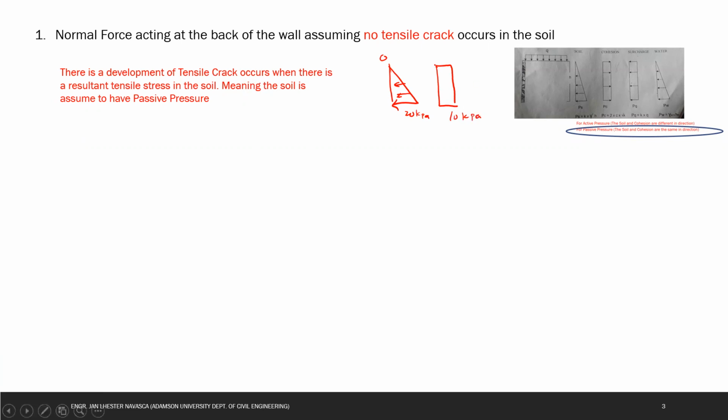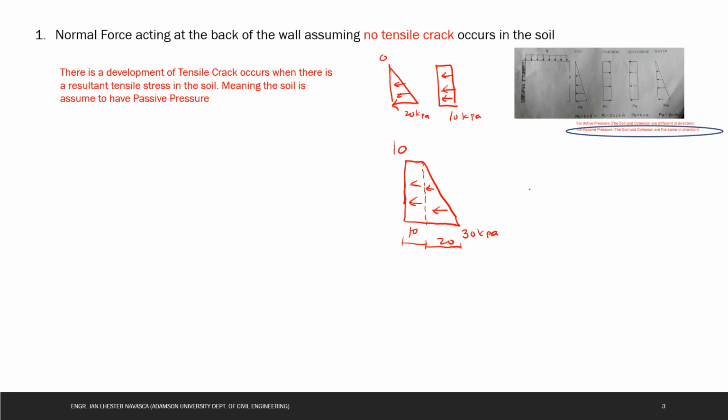If the soil and cohesion have the same direction, therefore the resultant stress is 10 kPa at the top, then you have 10 kPa at the top and this 30 kPa at the bottom, 20 plus 10. You have this 10, you have this 20, so meaning there is no tensile stress.